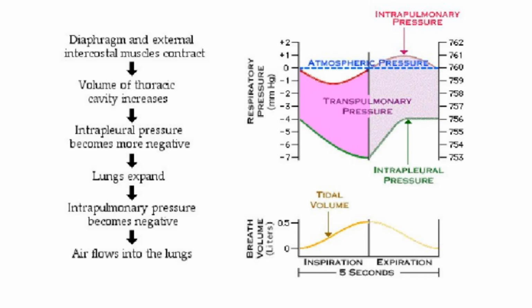You can see from this graph that during inspiration there is decrease in pulmonary pressure. Transpulmonary pressure is decreased, so air moves inside, and again during expiration there is increased pulmonary pressure and the air moves outside. So what is the limit?